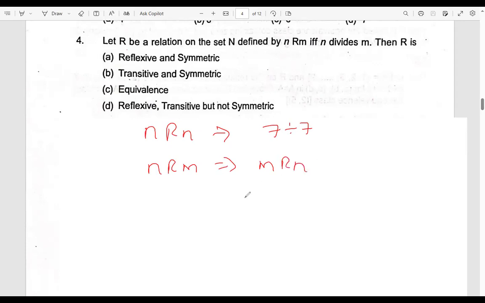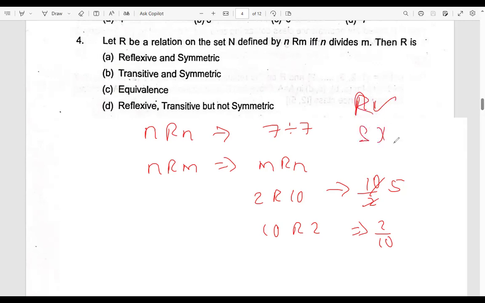For example, 2 divides 10, but 10 does not divide 2. That means 10 is divisible by 2, but 2 is not divisible by 10. So it is reflexive. Reflexive is true. Symmetric is not true.